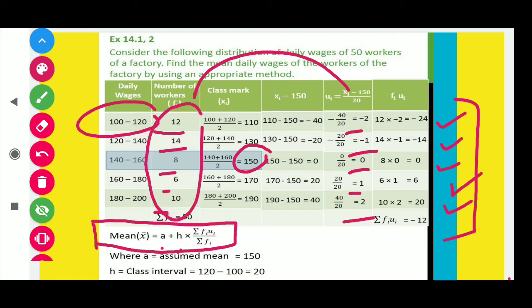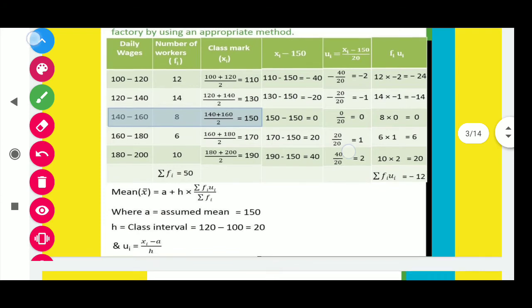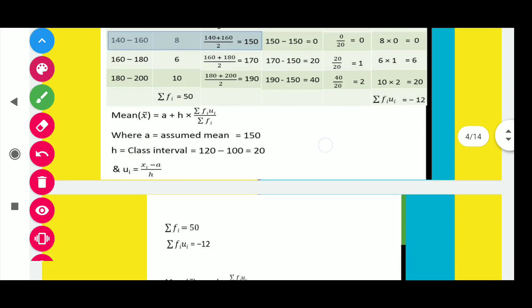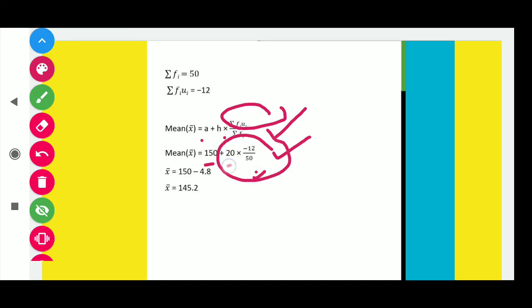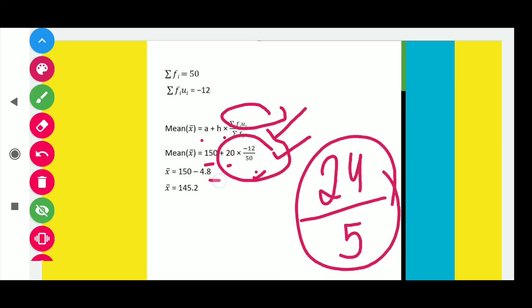Now we put these values in the formula. A is 150, h is 20, sigma fi ui is minus 12, and sigma fi is 50. On calculating, 0 to 0 will cancel out. 2 into 12 we get 24 divided by 5, which equals 4.8. In this way our answer is mean equals 145.2.